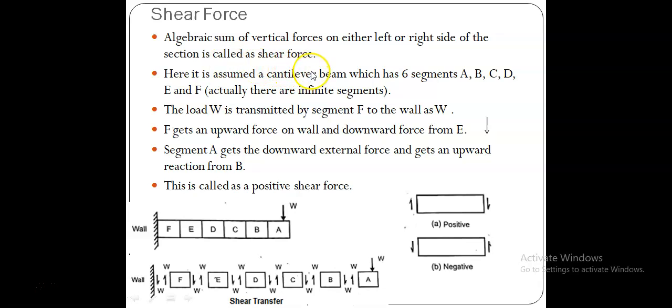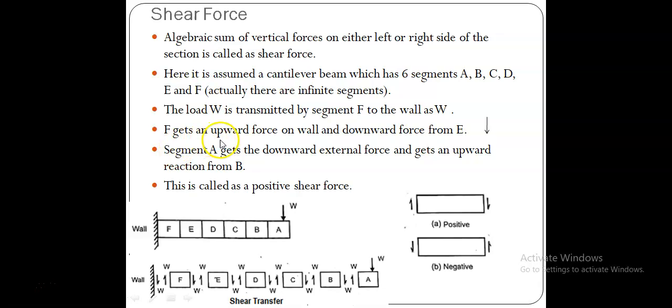Here let us assume a cantilever beam divided into 6 segments A, B, C, D, E and F, and at its end A it is subjected to a force W. Actually there are infinite segments; for explanation purposes we just split it into 6, but we can split this beam into infinite slices.